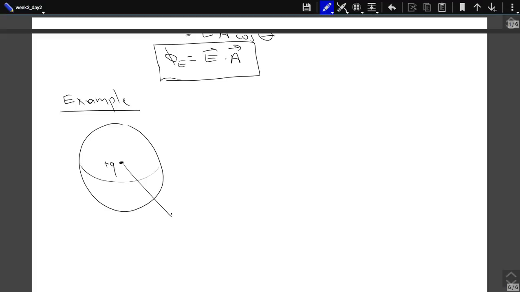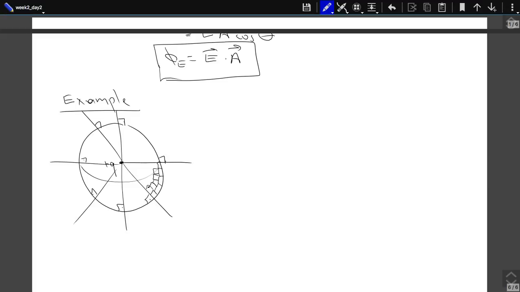Now the electric field is always radially outward. So it is always perpendicular to the surface. Okay, this is an example where you cannot really talk about a single electric field line, but what you should do is just divide your surface into very small segments. Etc.